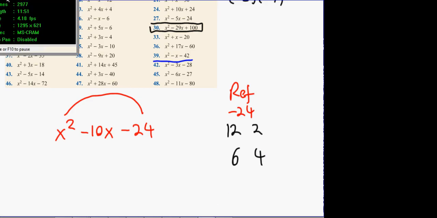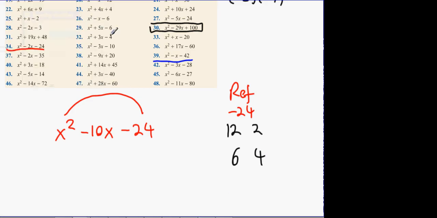Okay, let's have a debate here. Guys, here's for those of you who aren't following, here are the options: x bracket x. Now, we look at the two of these and go, okay, they can both make 10. But the problem here is, to make minus 10, that would have to be minus 6 minus 4. It works to give you minus 10, but when you multiply them, it doesn't give you minus 24, it gives you plus 24.